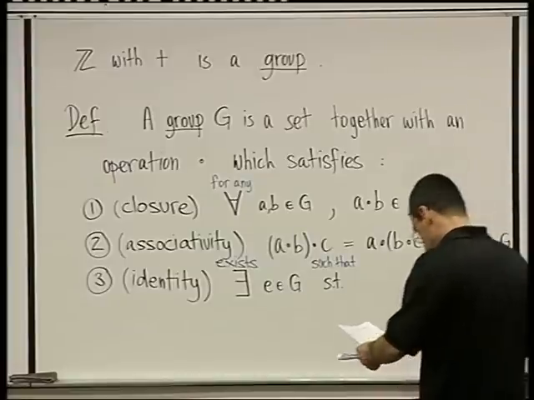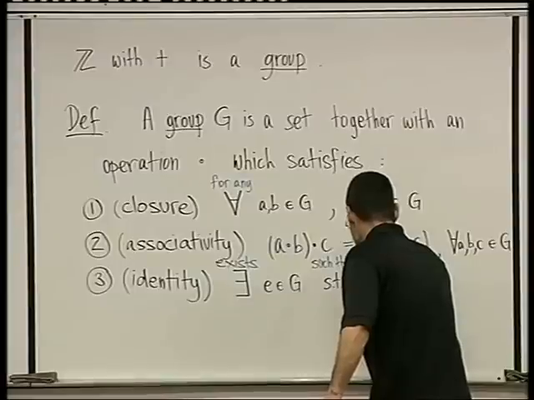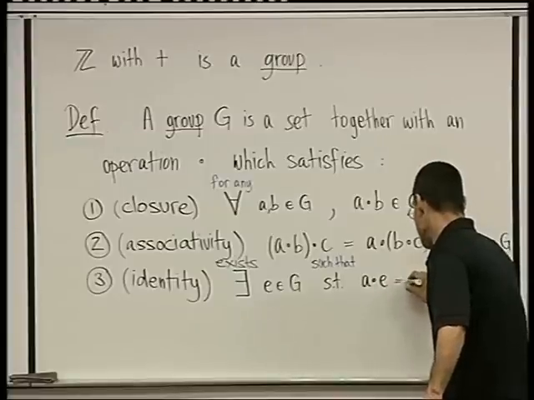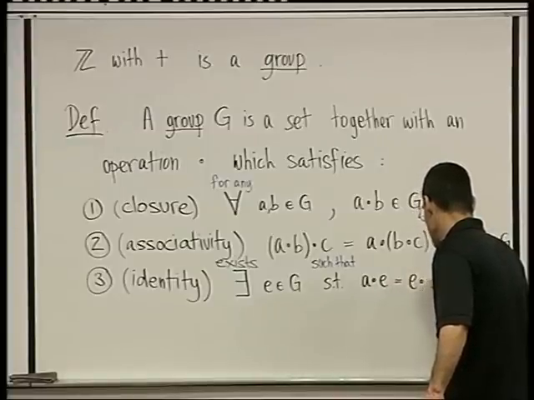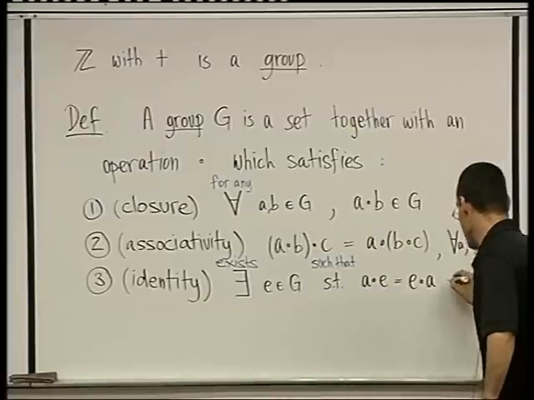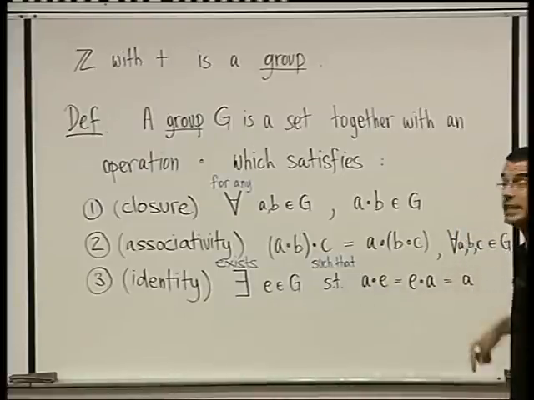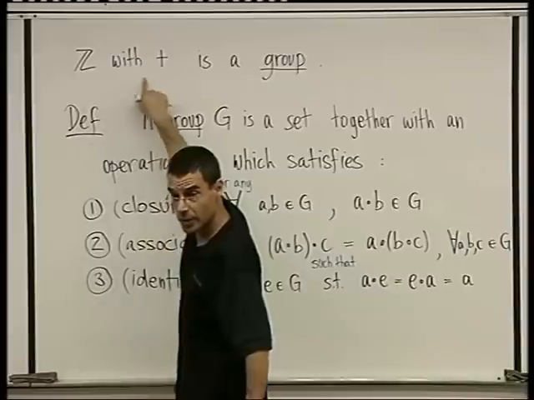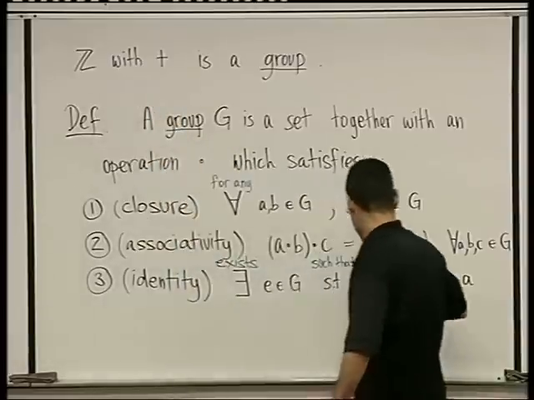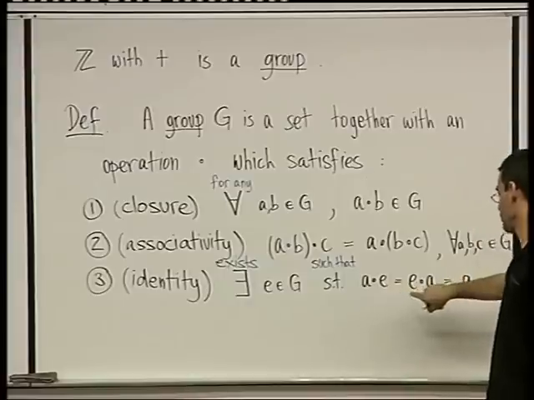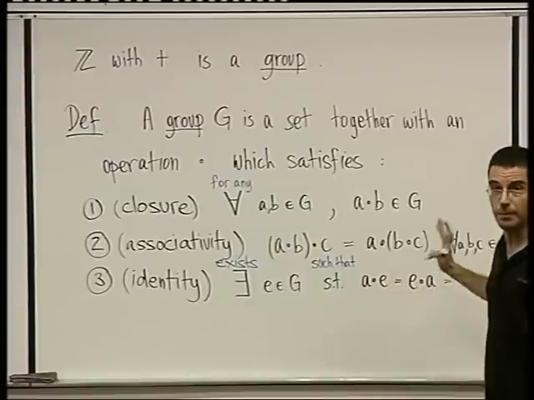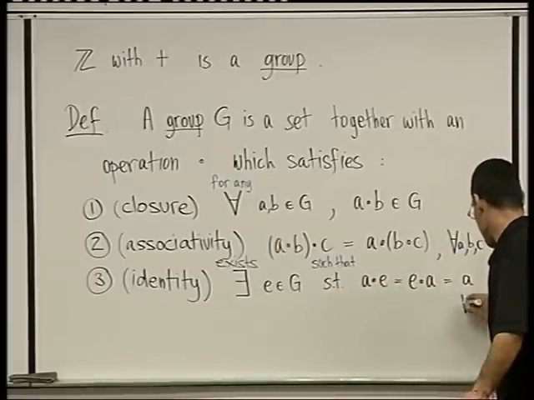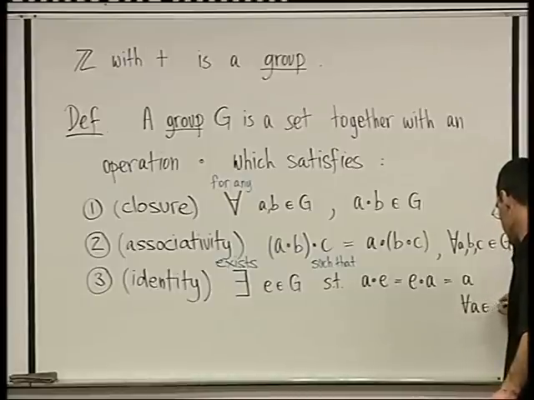So such that if we do A operating on E, and likewise if we do E and operate on A, independent of which side, what we get is just A. Think addition, and what is the identity for addition in the integers? Right, it's 0. So when you do 3 plus 0 or 0 plus 3, you just get 3. Okay, the operation doesn't sense the identity. And here we should add for every A that belongs to G.